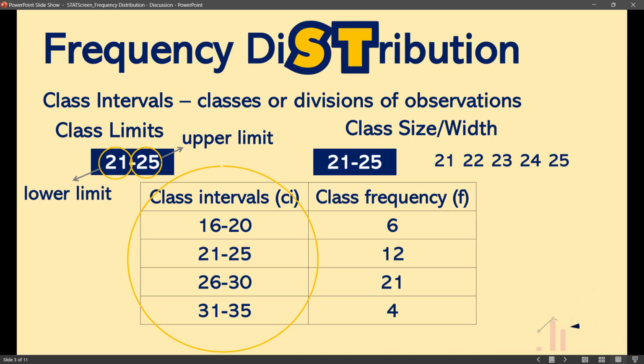For this case, 21, 22, 23, 24, and 25. There are 5 observations. That would mean our class size, our class width, is 5. This is very important as we construct our frequency distribution later.